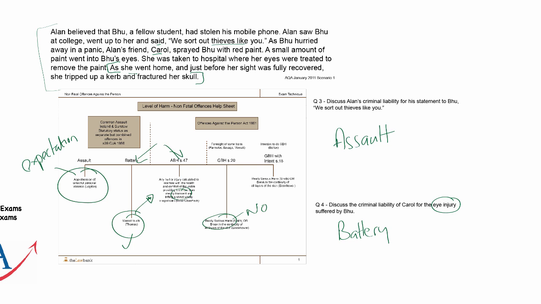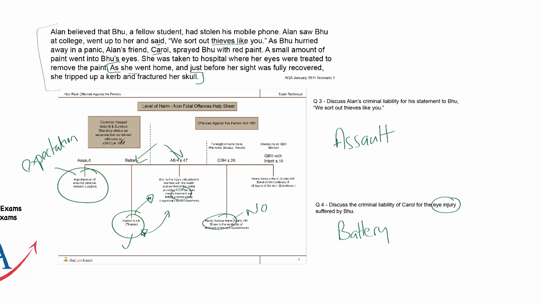Now, in terms of answering the question, and we'll see this when we look at the question specifically, we are going to have to argue that point in the answer. We are going to have to say it is either battery or it is ABH. I believe it is battery because, or I believe it is ABH because. And we are then going to have to discount the other one as a result.